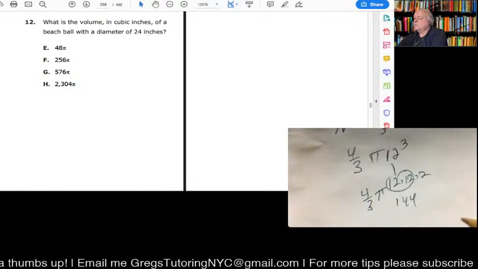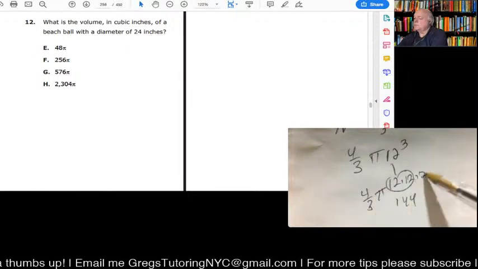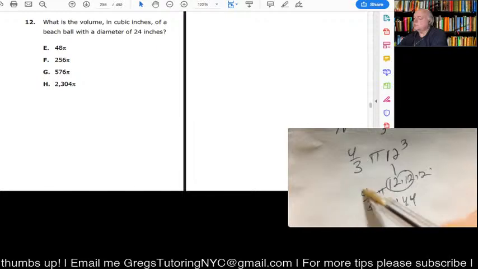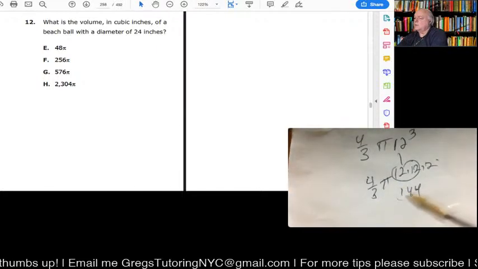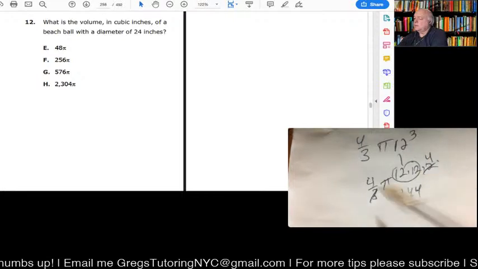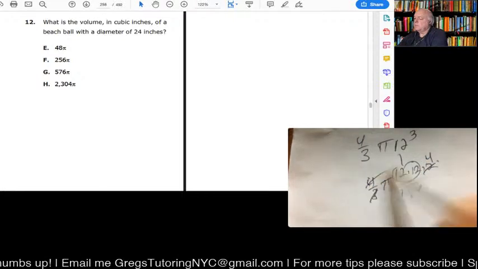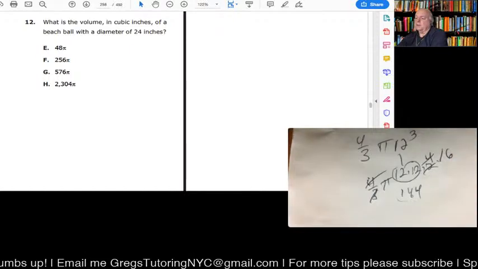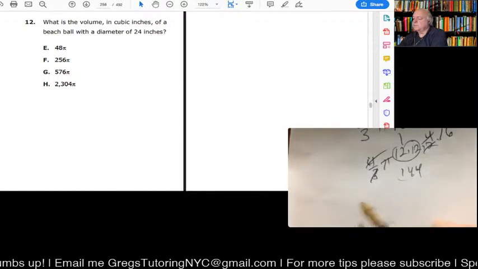Okay, so what I can do is, because I need to do this computation 144 times the 12, it's still multiplied by the 4/3. Let's see what we can cancel out. So the 3 goes into here 4 times, and then we have 4 times 4, and that becomes 16. Okay, so we get 144 times 16.